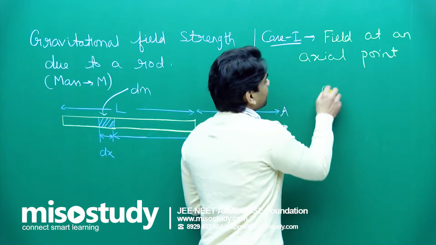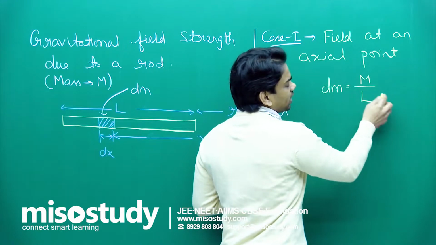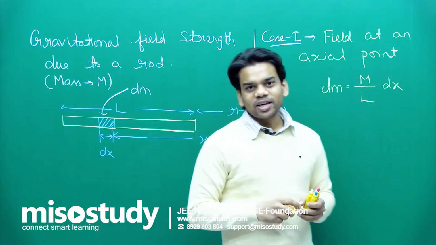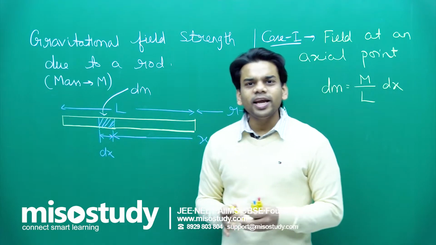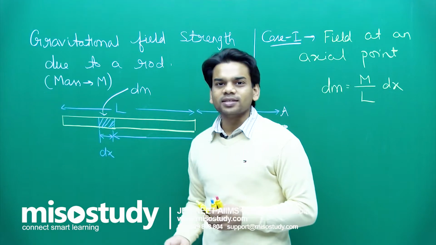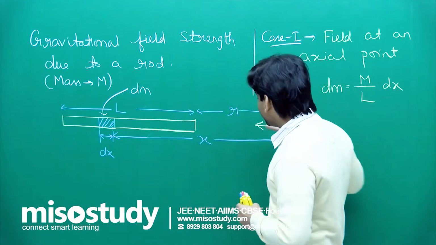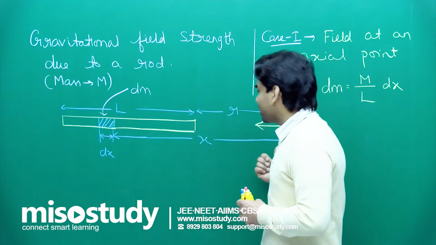Let's write the small mass dm as equal to total mass upon total length multiplied by the width of the segment that we have taken, that is dx. Now the field due to this small mass, how much will this be? This will be a small gravitational field directed towards this small mass, and the distance that we have taken is x.